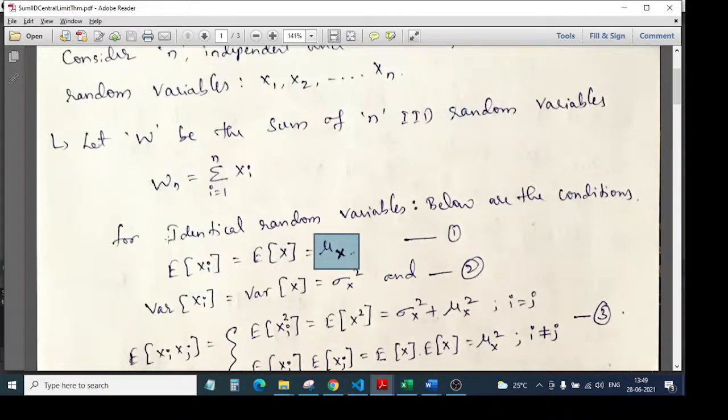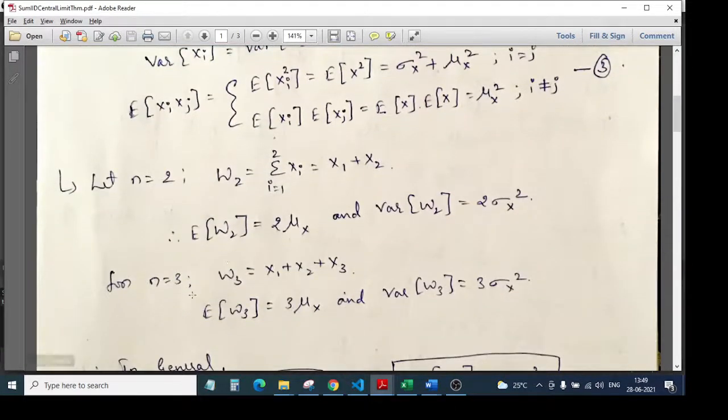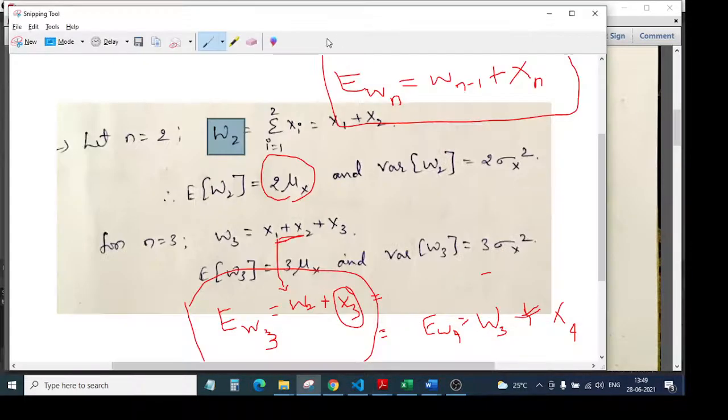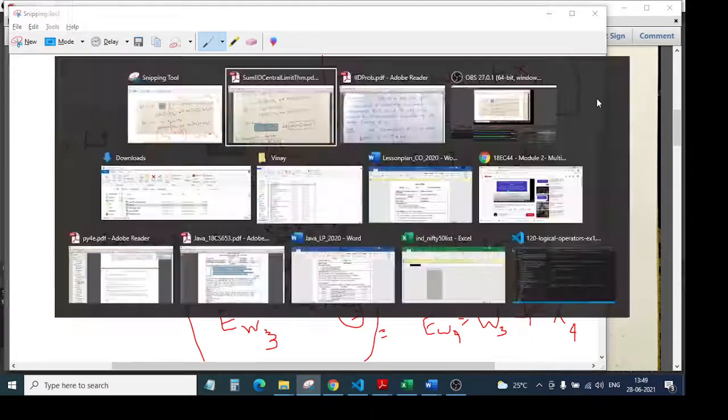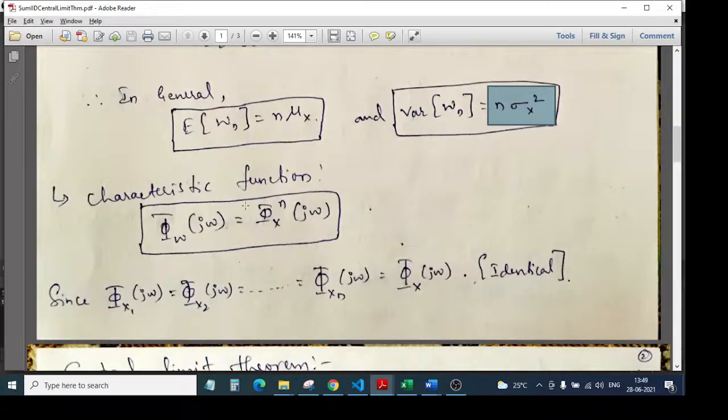This relation is very important for the proof of all the other values. Based on that, we are proving that E of Wn is equal to n mu x. The other way of representing it is E of Wn is equal to W of n minus 1 plus xn. Variance is n rho square x, and the characteristic function is pi of x, with n in the subscript, raised to j omega.